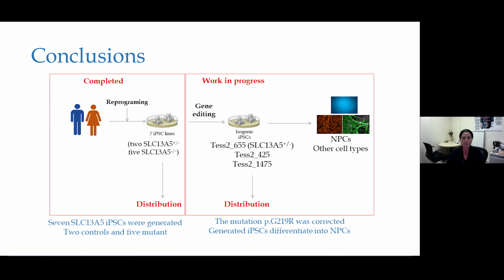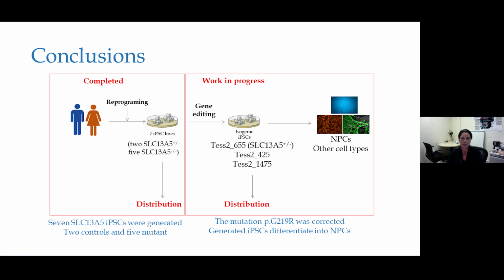So this is my conclusion at this point. We have made 7 different iPS lines, and we already distribute them to some investigators that are currently doing more biology with these cells than what we are doing. And this is the work in progress.